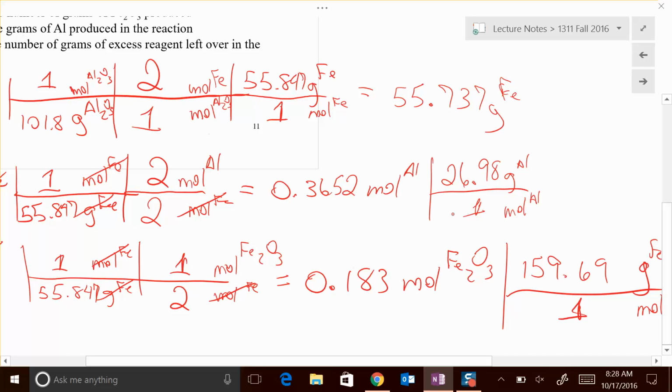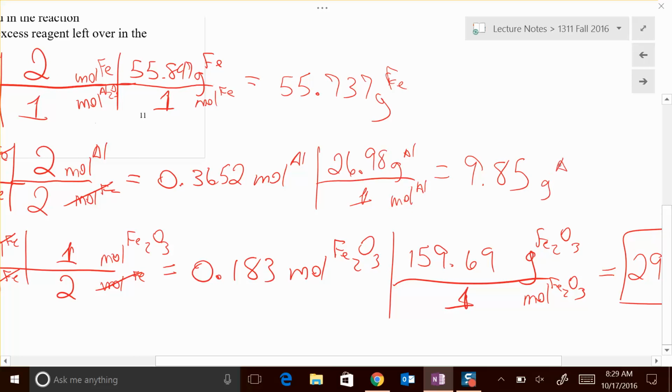So 0.3652 times 26.98. 9.85 grams of Al. Good.